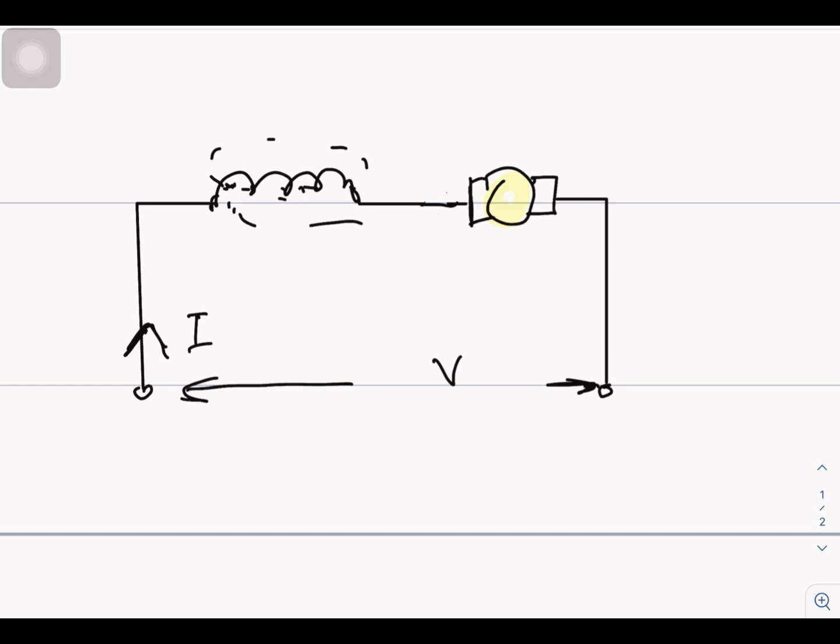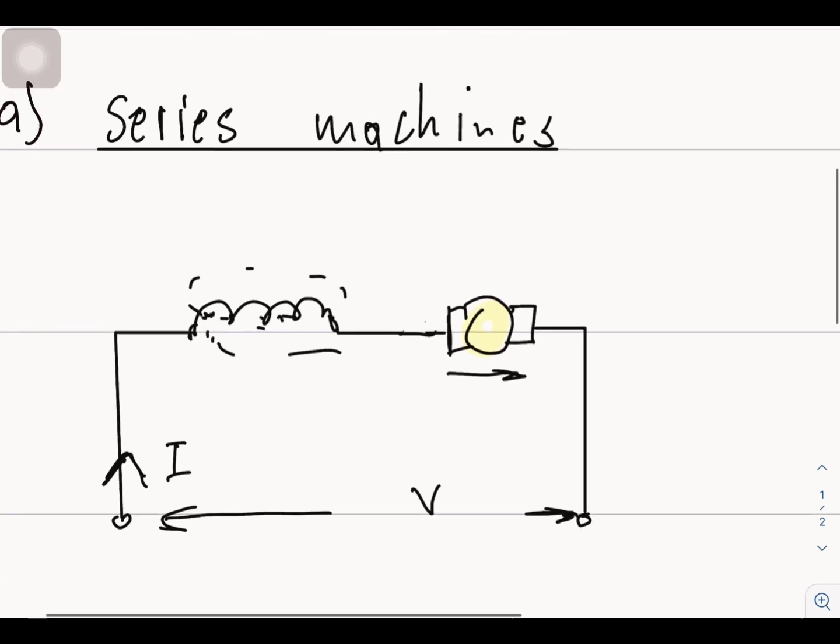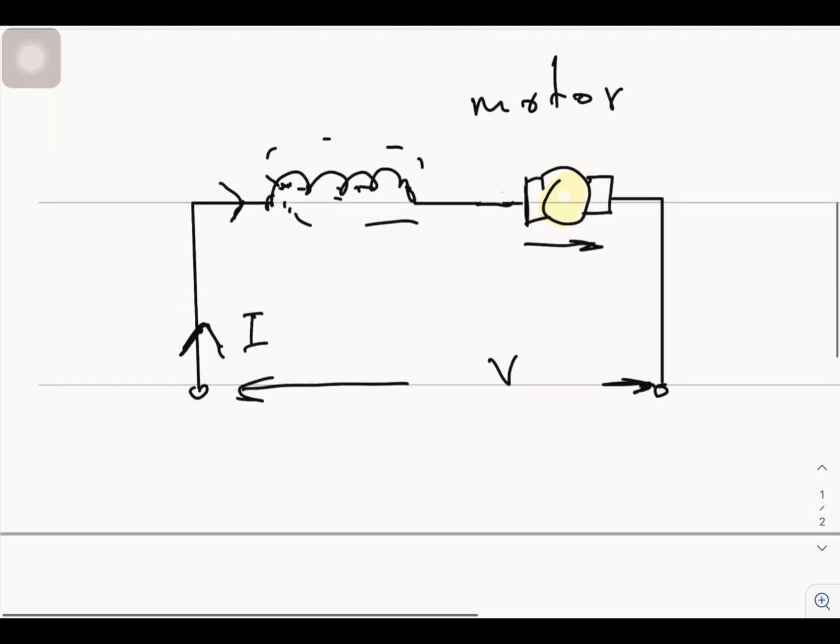The same supply that is supplying electricity to the armature, and this is a motor, is the same supply that is also supplying electricity to the field winding. That is why we say self-excited.